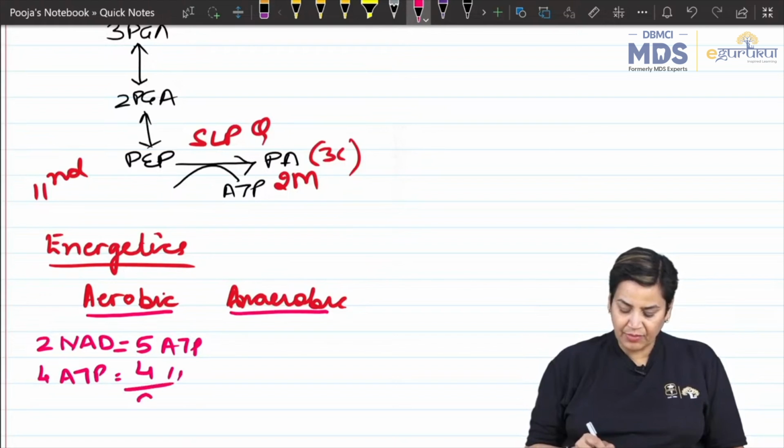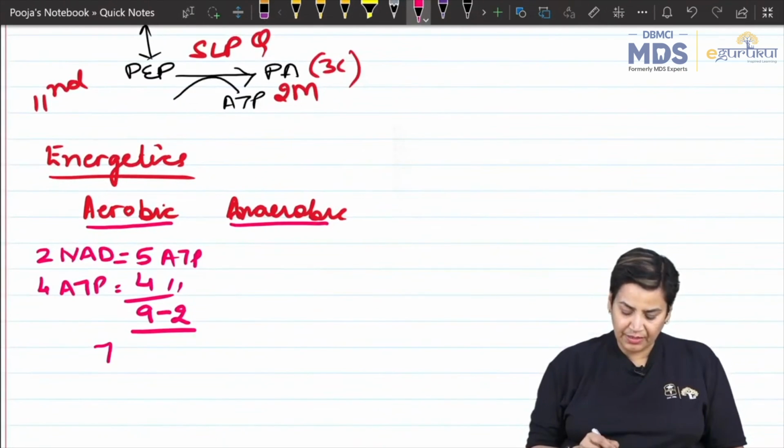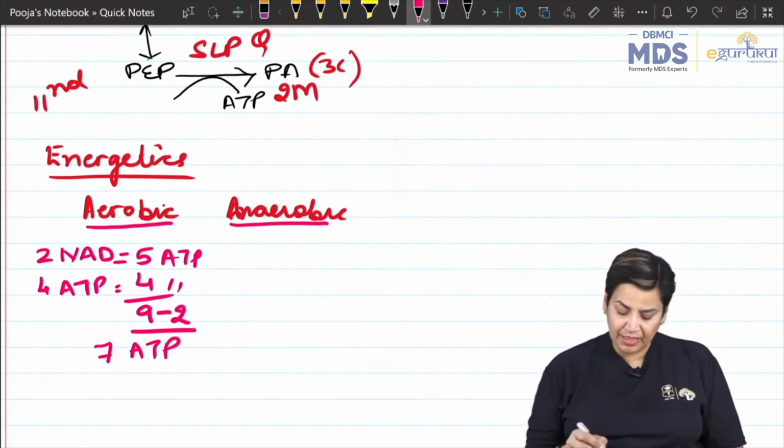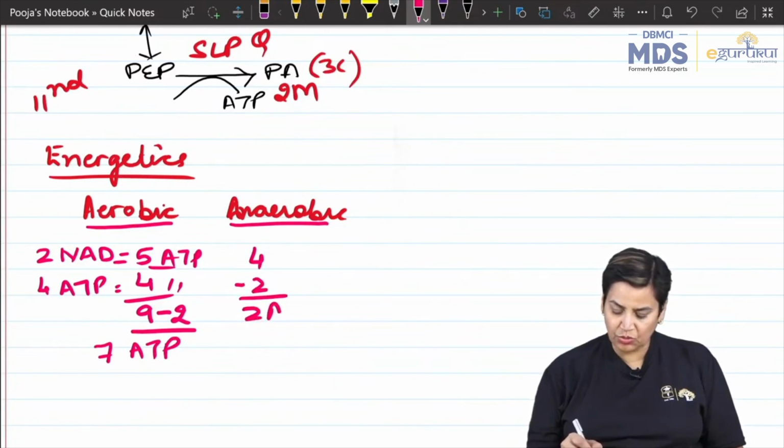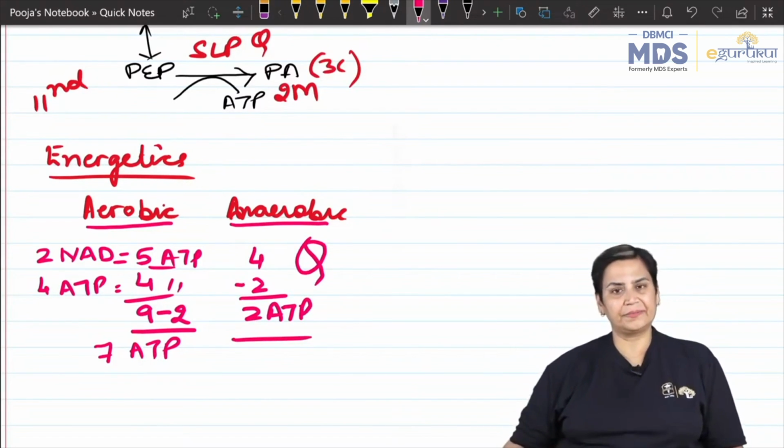So 5 plus 4, 9, and 2 ATP are consumed, so it will be 7 ATP by aerobic medium. But in anaerobic medium, you have to subtract this, so it will be 4 minus 2, equivalent to 2 ATP. Very important again. So this is the energetics.